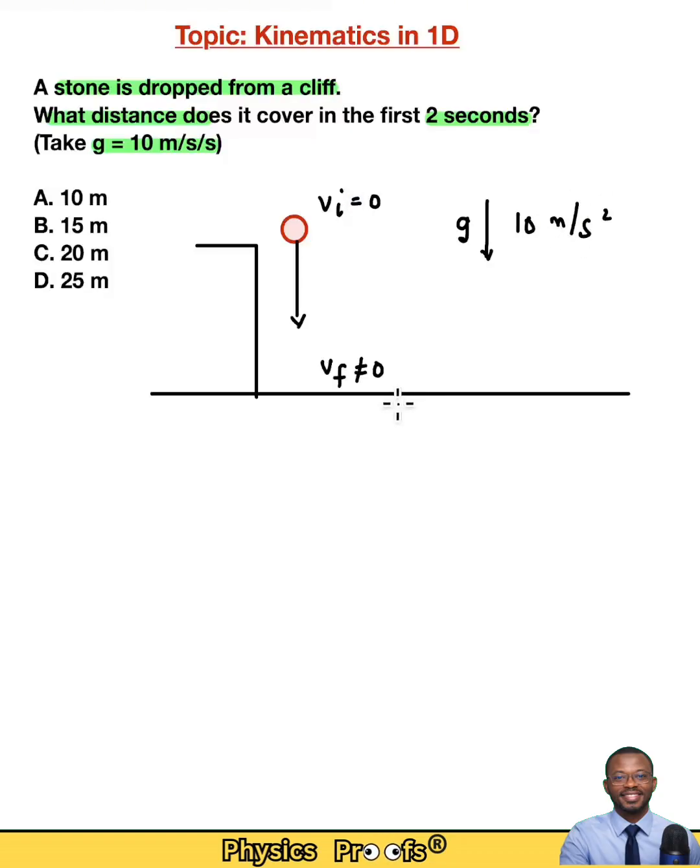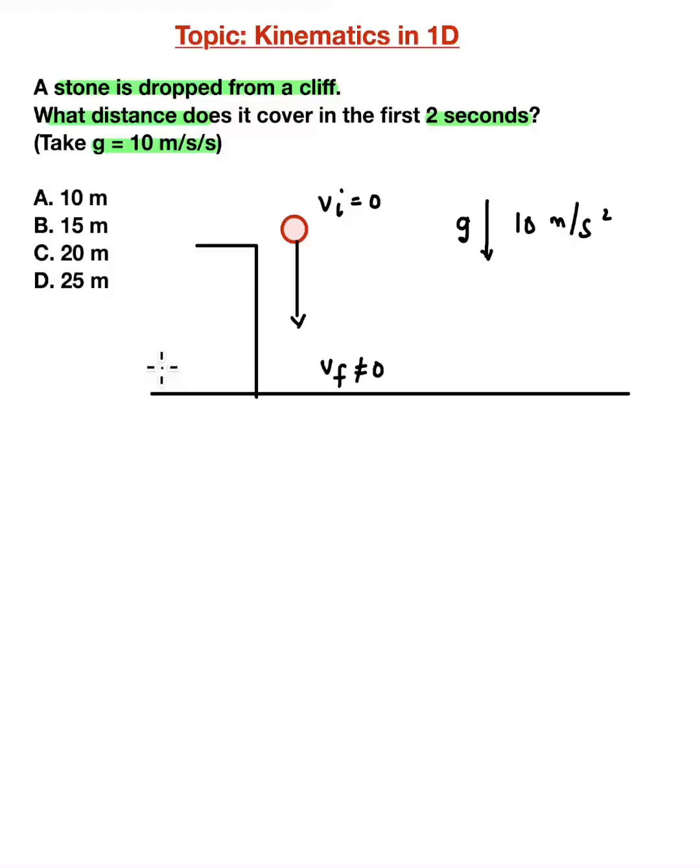Now, we need to specify our coordinate system. This is a purely vertical motion in one dimension. In other words, we can say this is a free fall motion. The stone is dropped from rest, so the initial velocity is equal to 0.